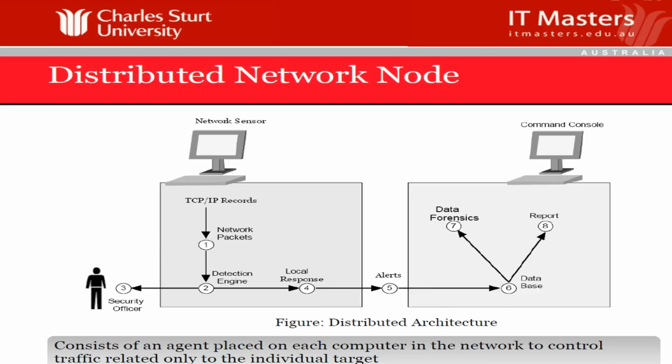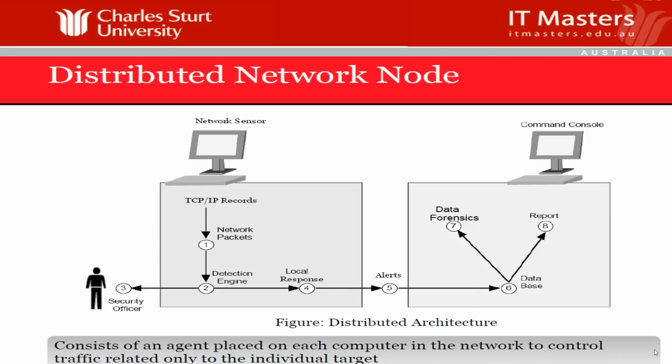In a distributed node, we have our network sensors and our command console. The idea is the same. The network packets come into the detection engine. Again, if it detects something, it goes to the security officer. If not, it goes to the local response. It creates an alert.